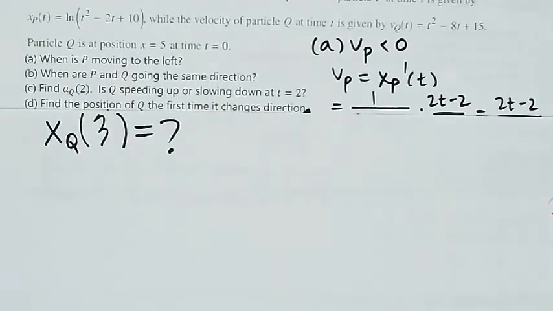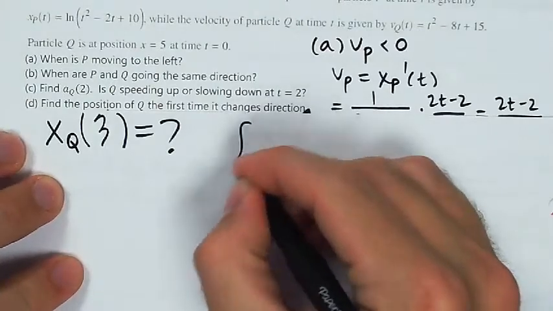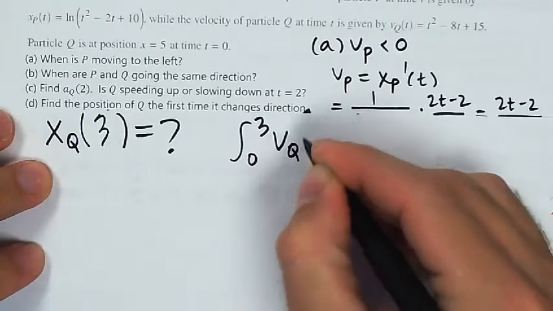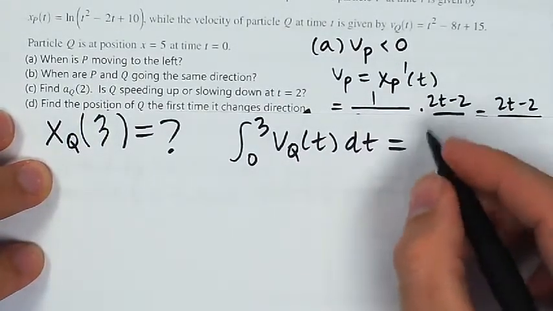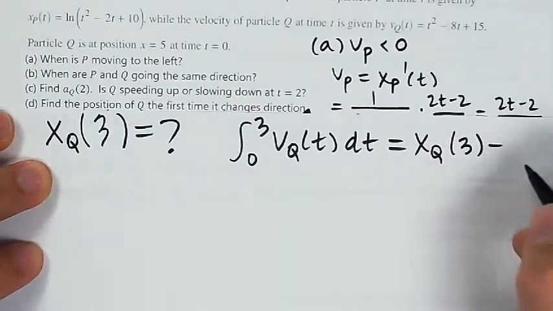That's the big question. So I've got the position of Q at time 0. So I just need to integrate velocity Q to figure out the difference in position of Q at time 3 and at time 0.